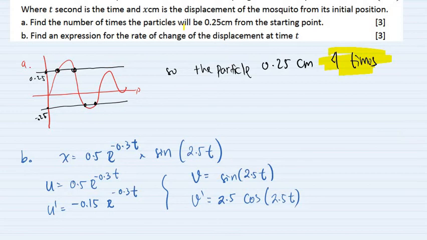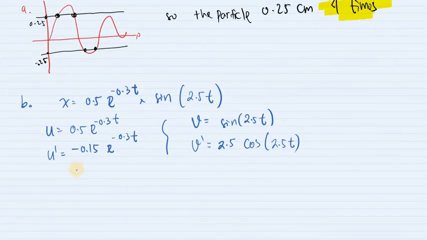Okay, so with that we can calculate x accent, or dx over dt, the rate of change. It will equal u times v accent plus u accent times v. You can basically just input all of the things over here.